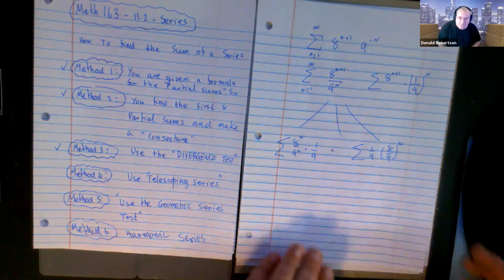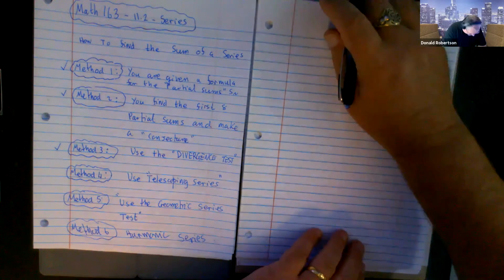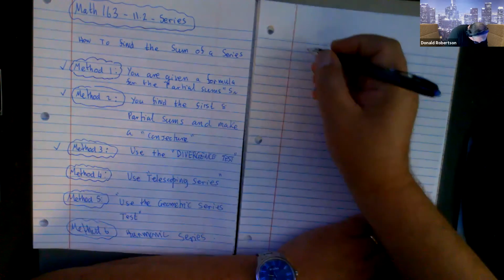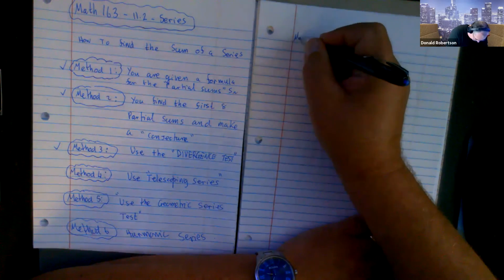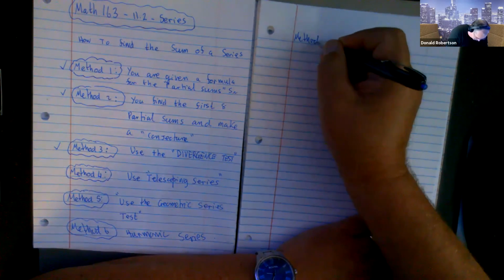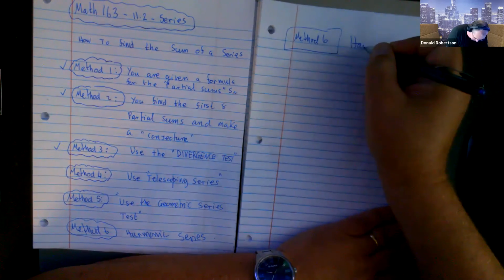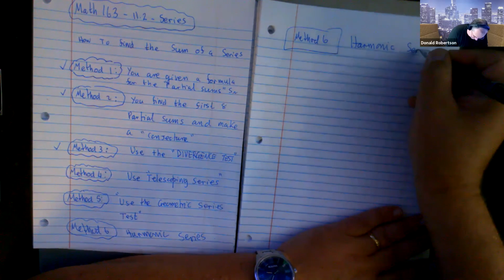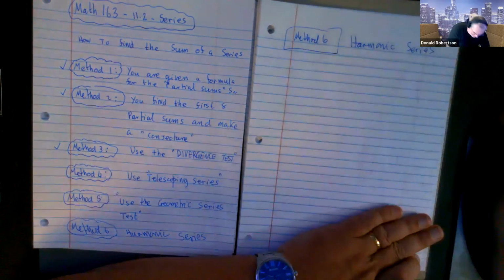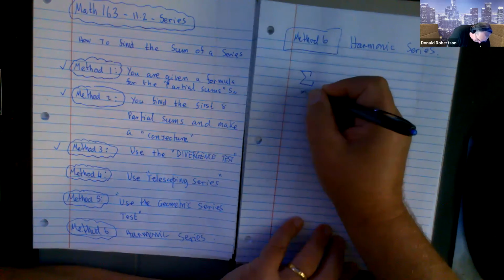Okay. So the next one on our list is, let's do method 6. Let's look at what are called the harmonic series. You have met this guy before because I remember talking about him.